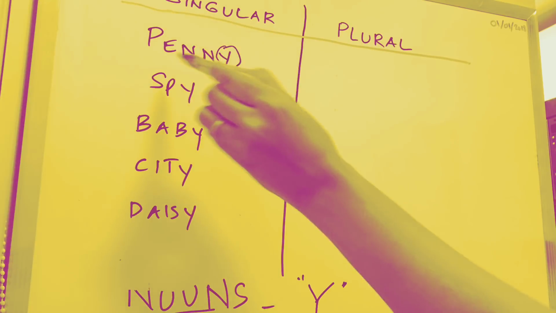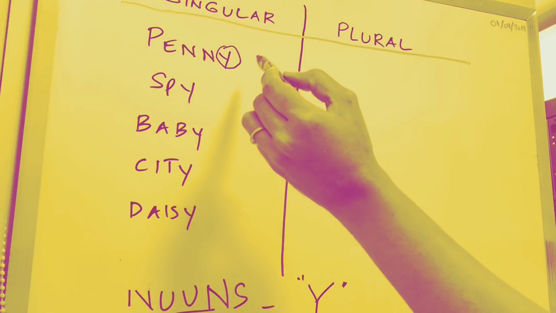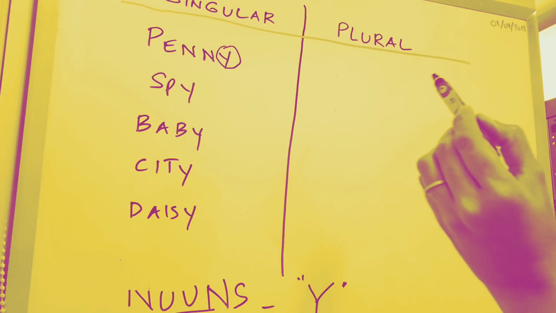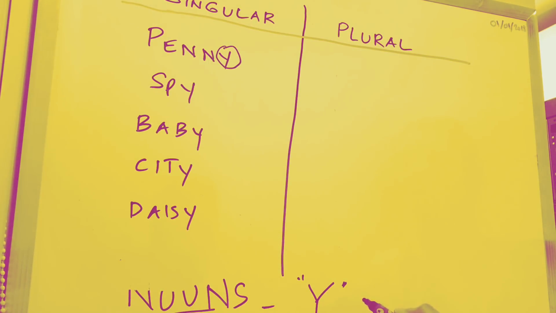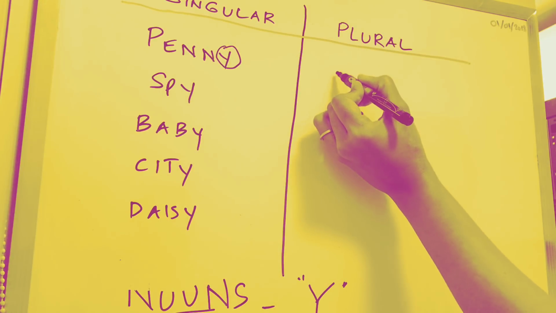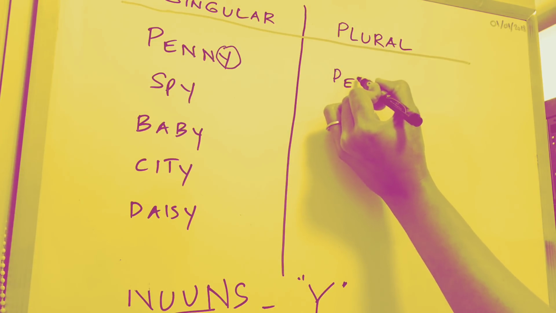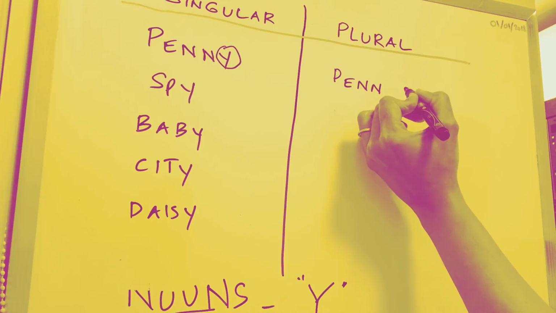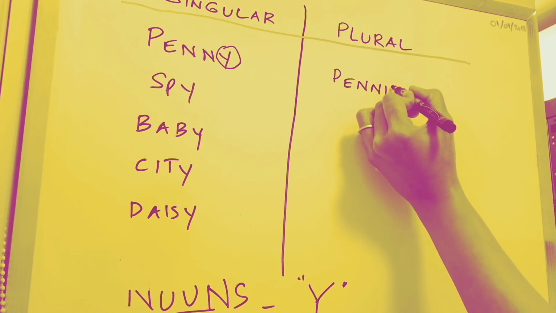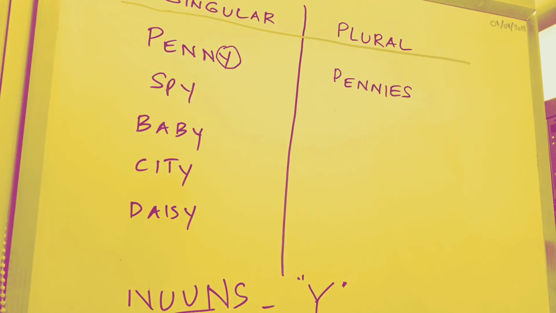So a penny, you want to say more than one penny, right? You want to talk about more than one. So in this case, the rule in grammar is you drop the Y and you add IES.